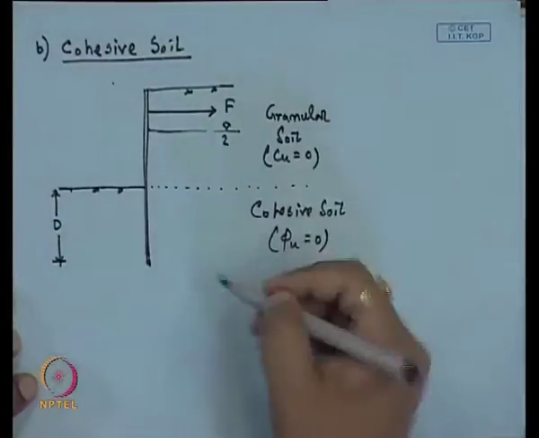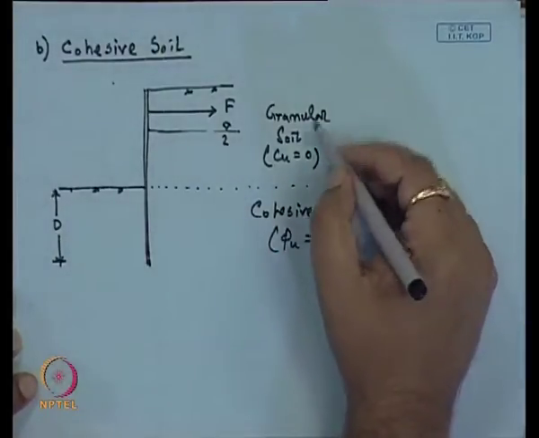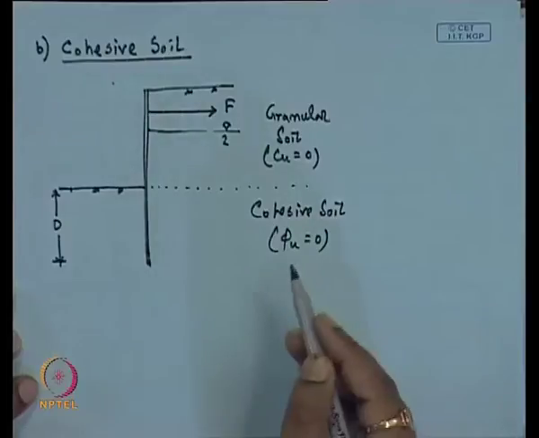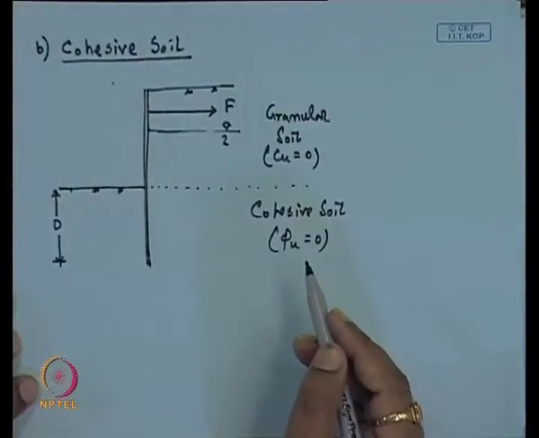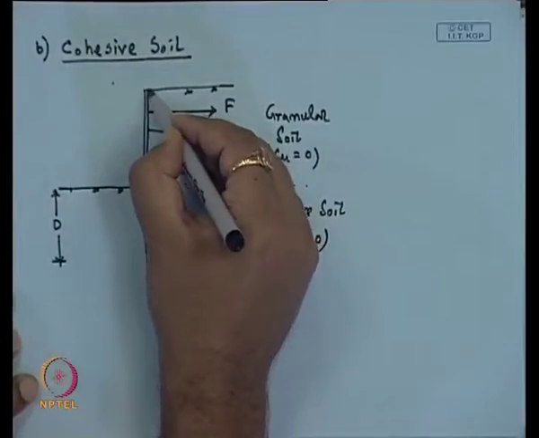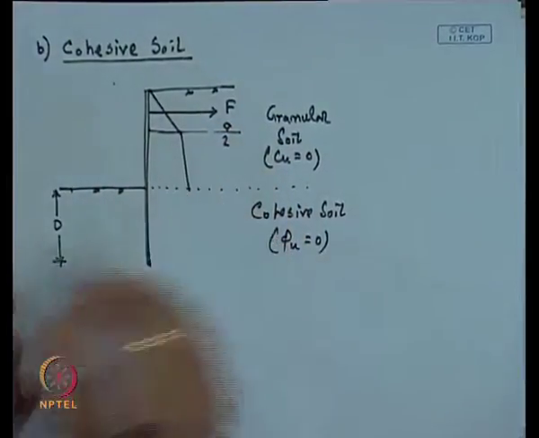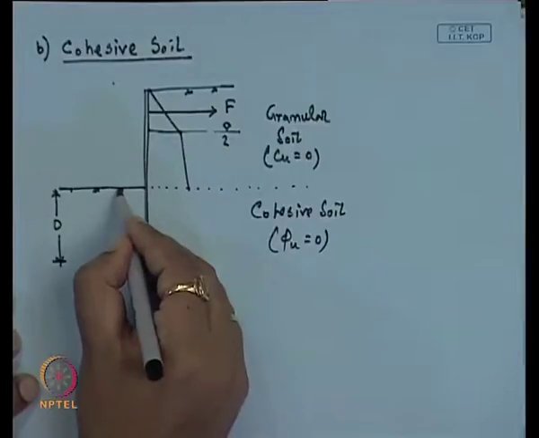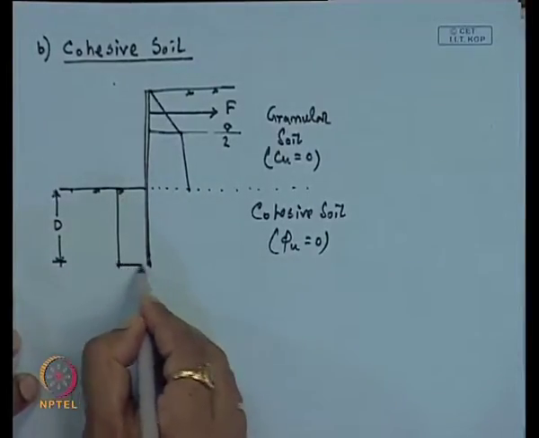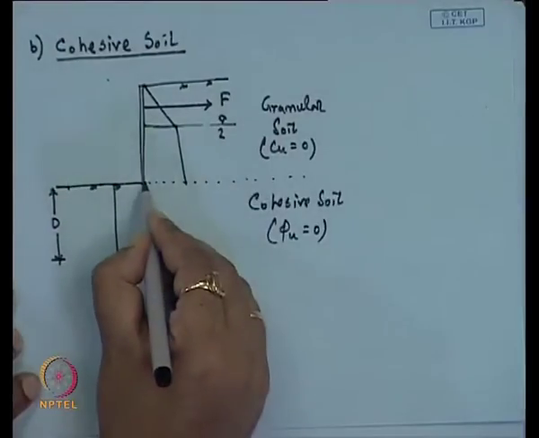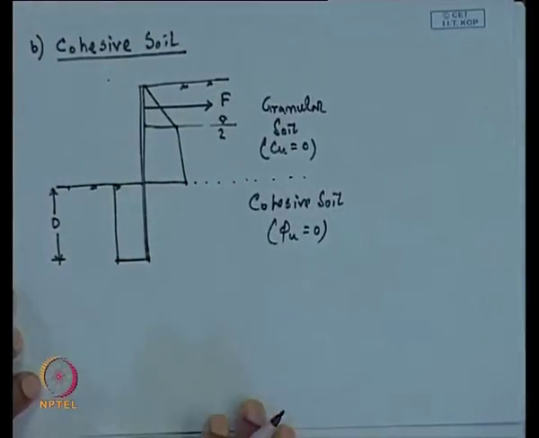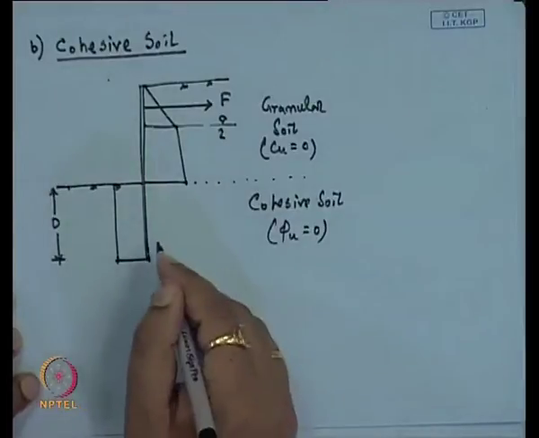Or you can consider both as C phi soil also, where the pressure distribution diagram will be different. So, now here we can consider a similar diagram, but here for the granular soil we will get this type of distribution instead of this triangular one.